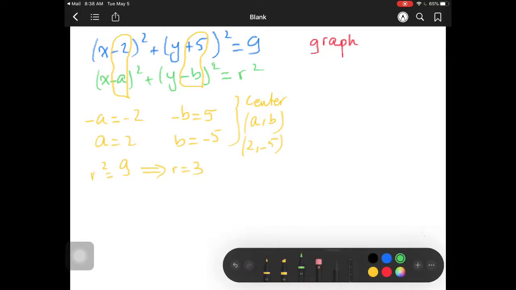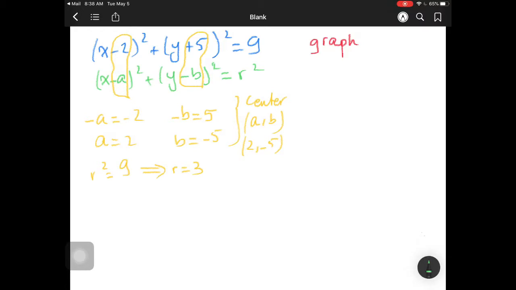Now, if you want to graph this, the center is at coordinates 2 and -5, so this is your center, and your radius is 3.